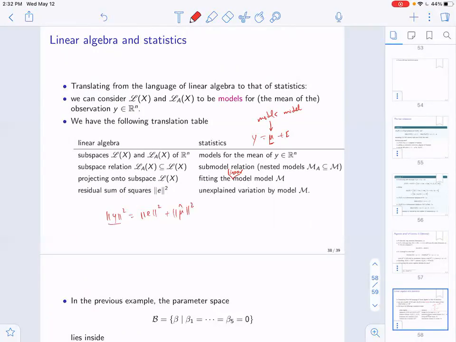The variation or the size of this can be decomposed into two pieces. One is this part, which is related to the regression. So regression explains this, and this is the remaining variation in y that's unexplained. So this is a decomposition of the variation in the response into pieces that are explained by the model and pieces that are not explained by the model.